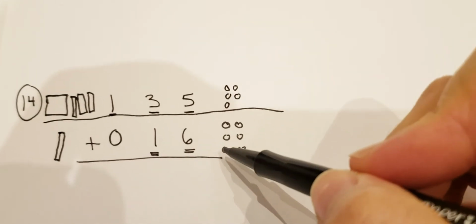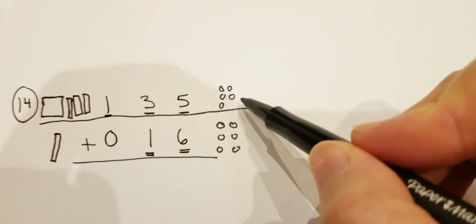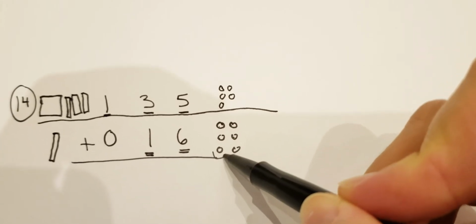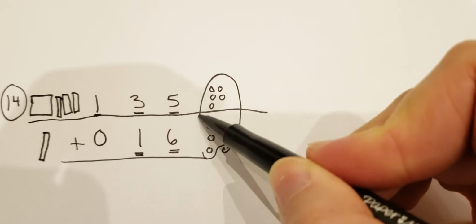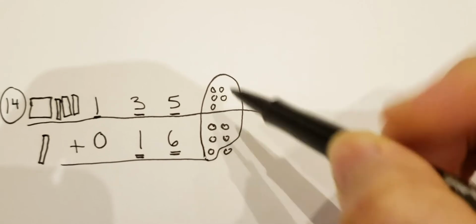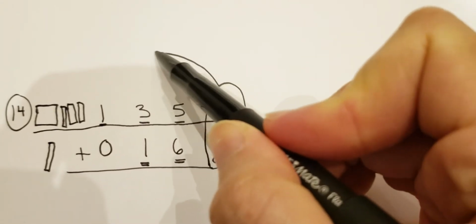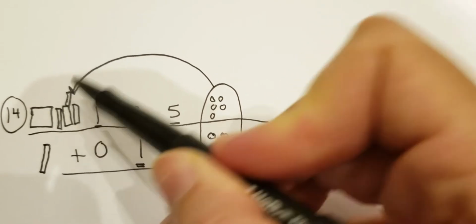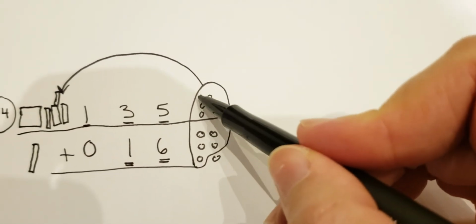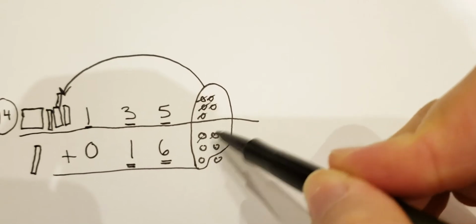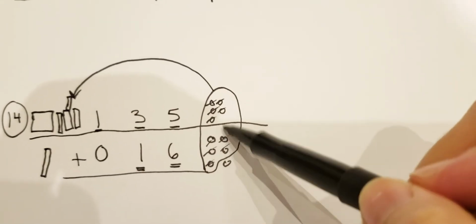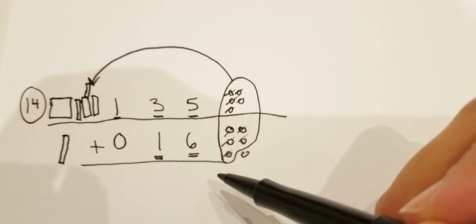And now we add 5 plus 6. 5, 6, 7, 8, 9, 10. I need to regroup. So we circle 10. And we're going to move it over here. We have one more 10. We're saying we are not going to use any of these now here in the ones place, okay, we're going to exchange 10 ones for 1 ten.